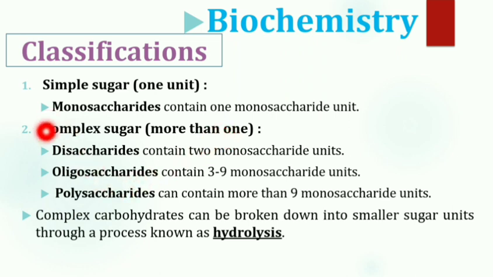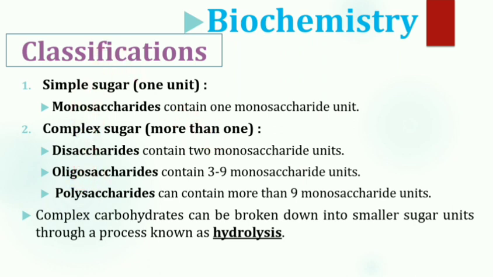It is further classified into 3 classes. Disaccharide contains 2 monosaccharide units, oligosaccharide contains about 3 to 9 monosaccharide units, and polysaccharide contains more than 9 monosaccharide units.